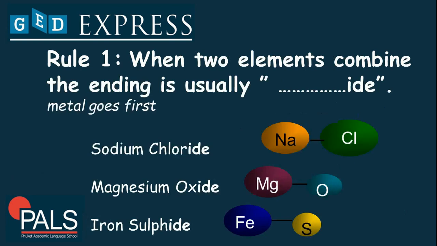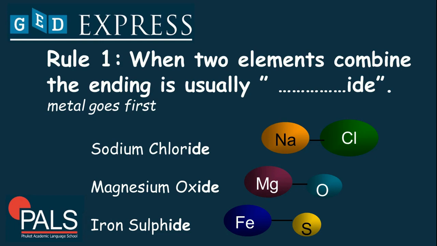Now, this is mainly for naming. When two elements combine, the ending is usually IDE. We always take into consideration to name the metal first, and the non-metal takes the ending IDE.